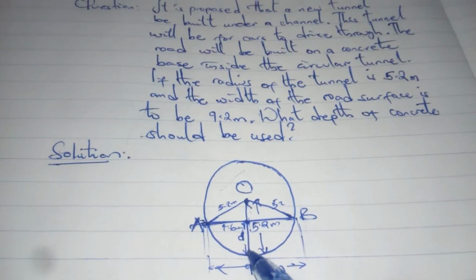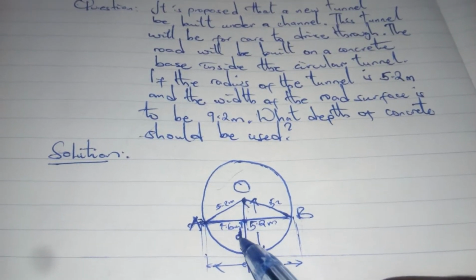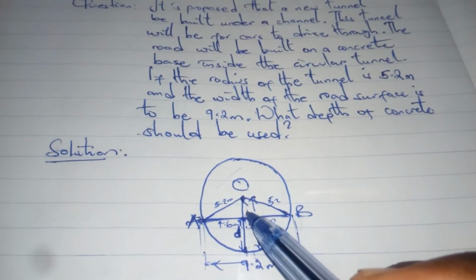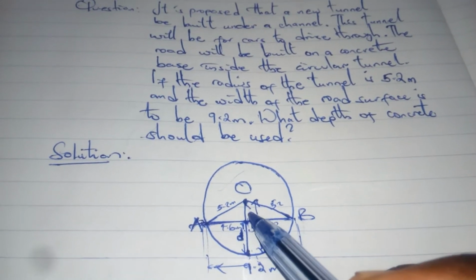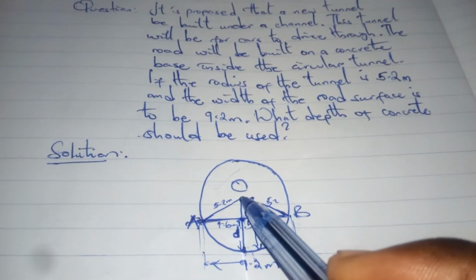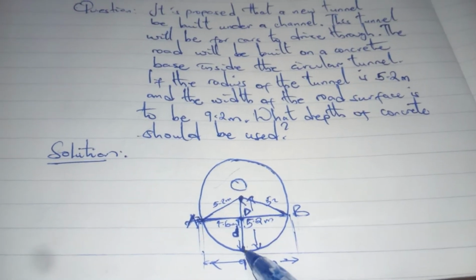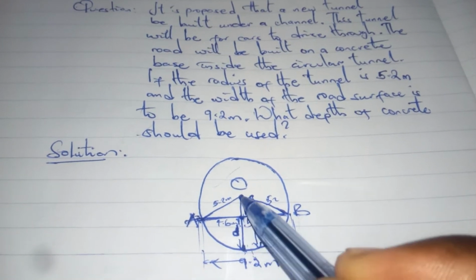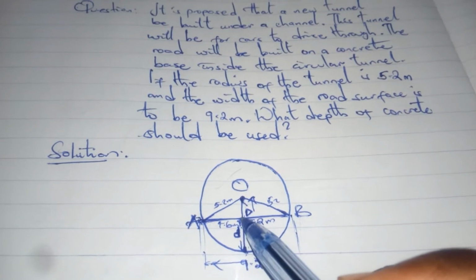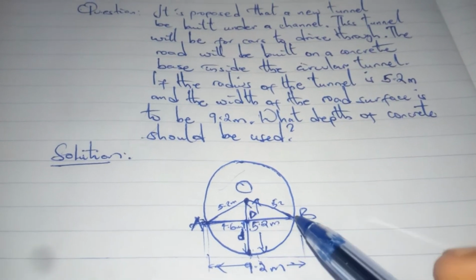Since it's unknown, let's just let it be d. But how will we get that? Let's also consider this point where the line joining the center to the circle meets the road. Let it be uppercase D.